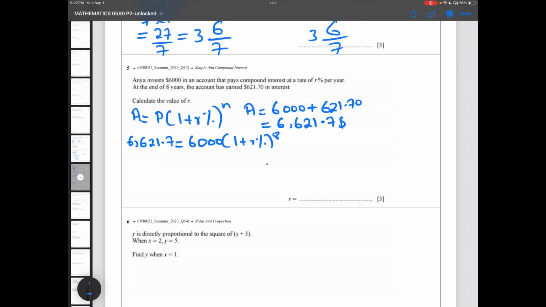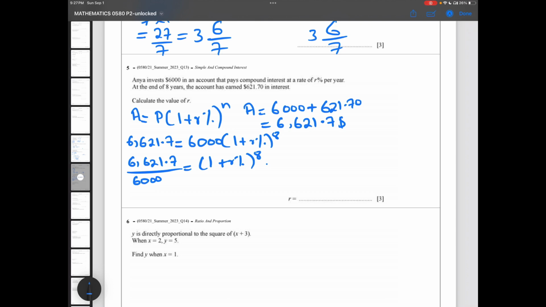So now 6,000 is being multiplied with the bracket. If I move 6,000 to the left, it will be divided into 6,621. So let's shift 6,000 to the left side of the equation. 1 plus R percent power 8.